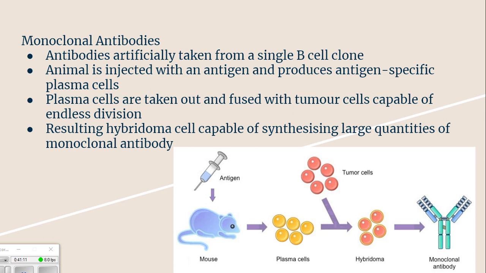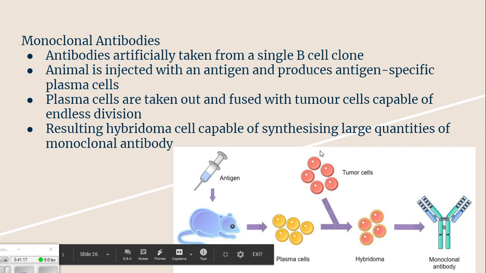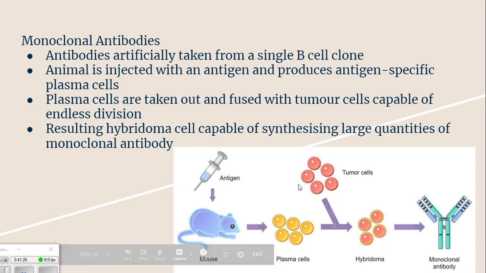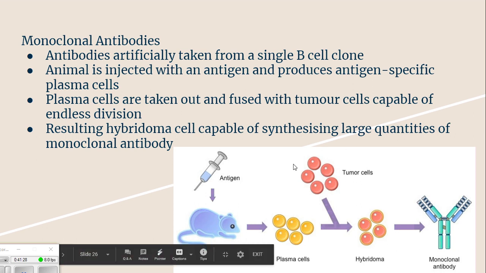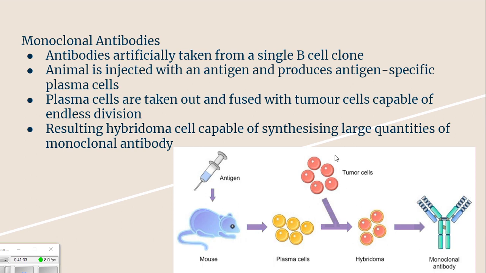Those plasma cells are taken out of the mouse and fused with tumor cells capable of endless division. These plasma cells are limited in their capability of dividing, whereas tumor cells have basically unlimited cell division capacity.